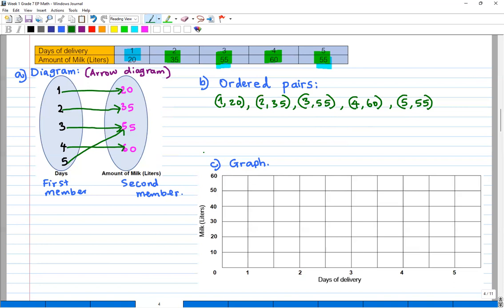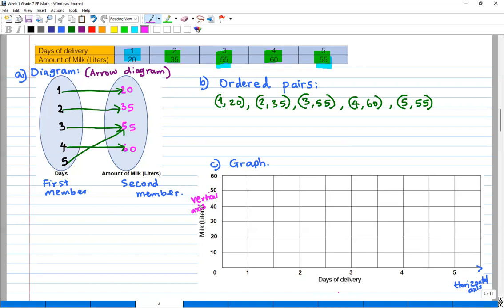Okay, now the next question is drawing the graph. Now from here, to draw the graph correctly, we need to identify the axes. So this is what we call the horizontal axis. And this one is what we call the vertical axis.